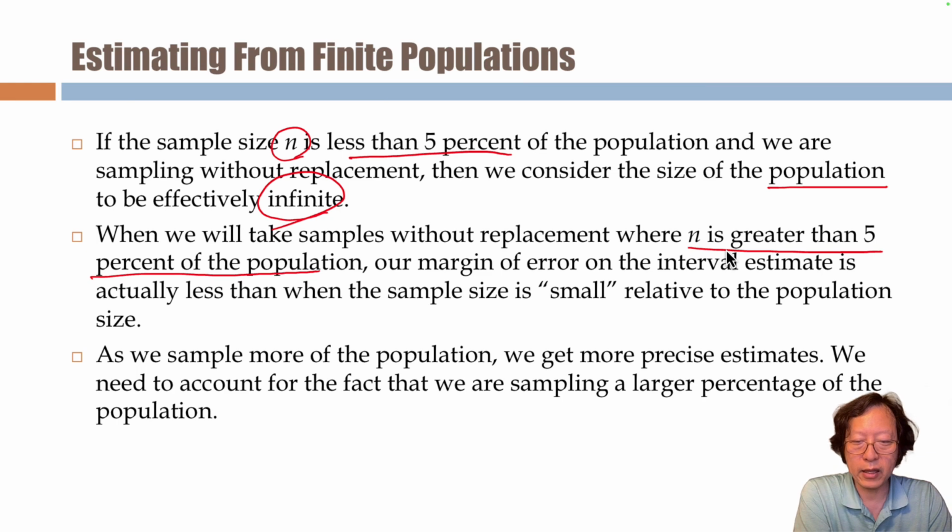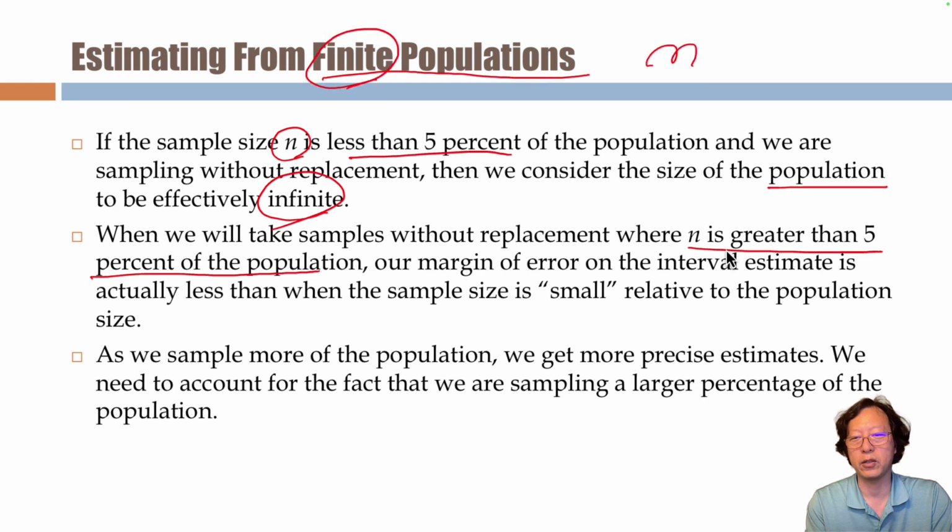So in that case we adjust our confidence interval, because you are collecting a relatively large sample, when the population must be considered finite, which means n is greater than 5% of the population.